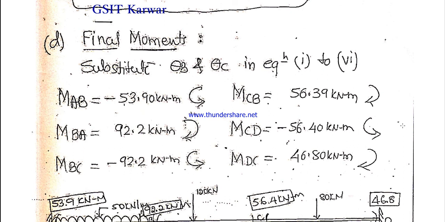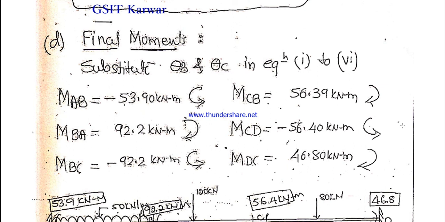You should remember that in every problem the steps are the same, just the data will change, the load condition will change, and the continuous beam pattern will change. That is the difference. The remaining methods are all the same. According to the condition you can use the formula and substitute.